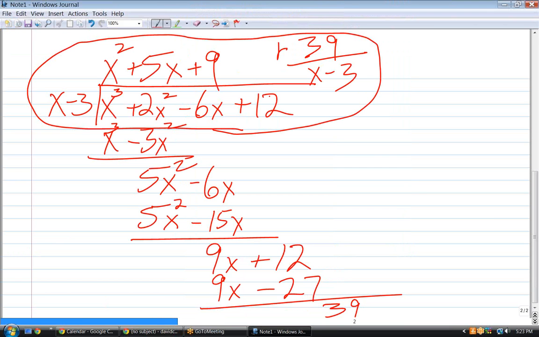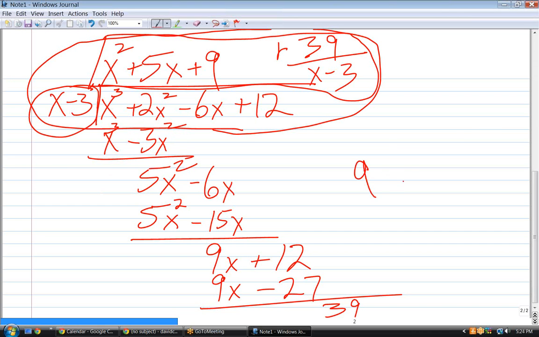After we're done, we should be able to take this answer, including the remainder, multiply it by x minus 3, and get that polynomial.